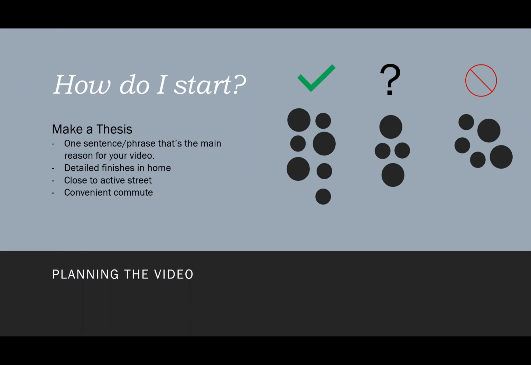It could be featuring the detailed finishes of the home, showing where it is in the neighborhood, or, if you really want to focus on it, that it's a convenient commute. Any of those will work, and again, it's all variable on the home. So really find the main thing you want to focus on.